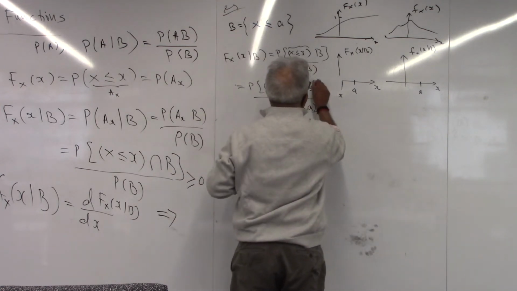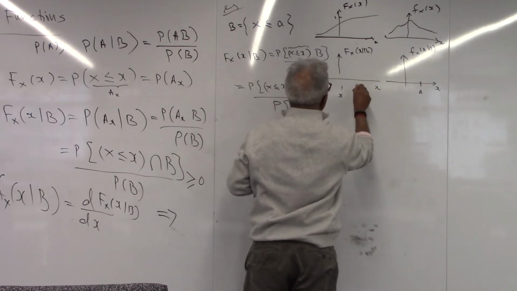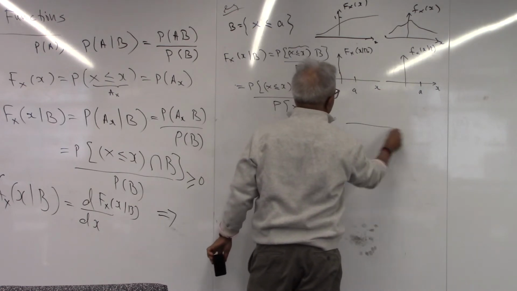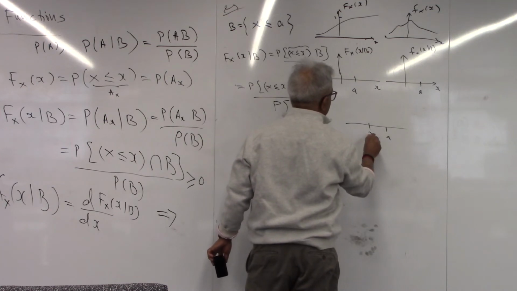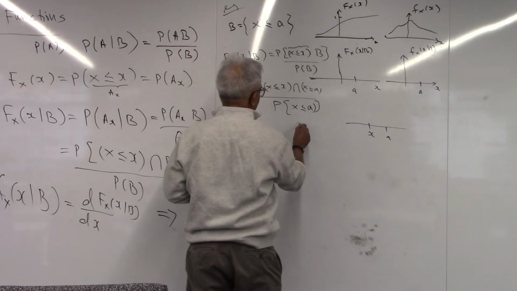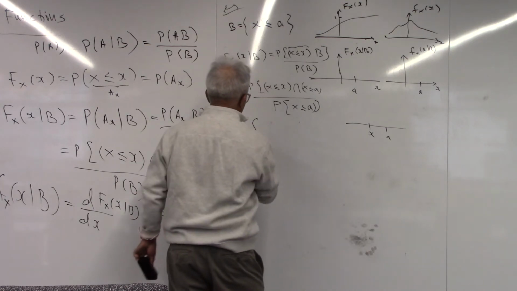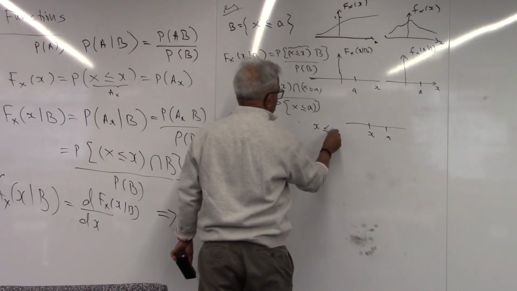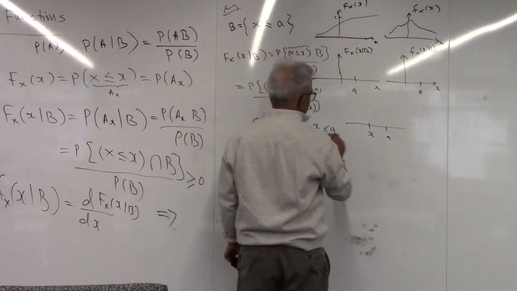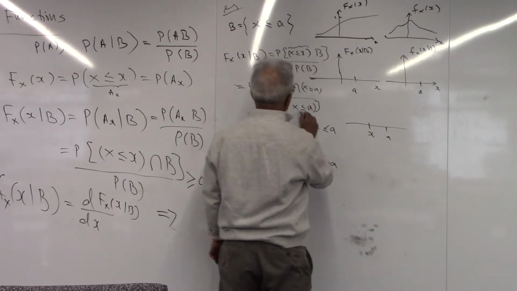And now, as I said, I'll draw it here separately. So let's say A is here, and let's say x is here, because I'm going to do two cases: x less than or equal to A and x greater than A. So when small x is less than or equal to A, I mark it here.